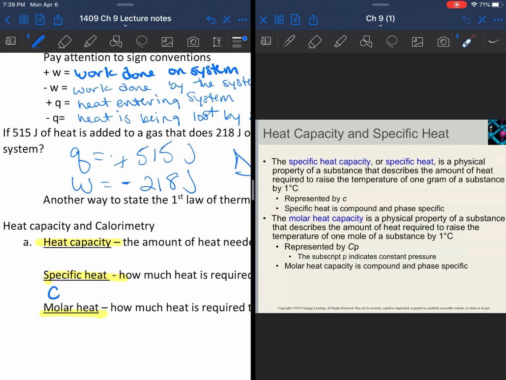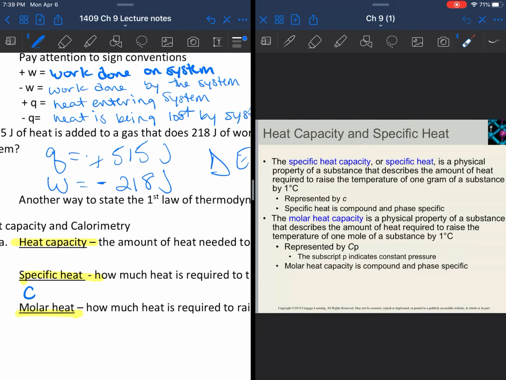You've got the definitions over here on your slide. Specific heat is abbreviated with a lowercase c, and it is defined by how much heat is needed to heat 1 gram by 1 degree change in temperature. So to determine c, you would take the amount of heat that flows in, divided by the mass and the change in temperature.